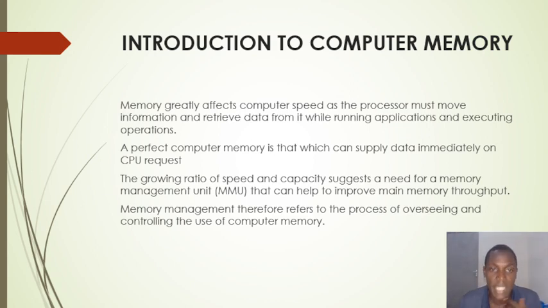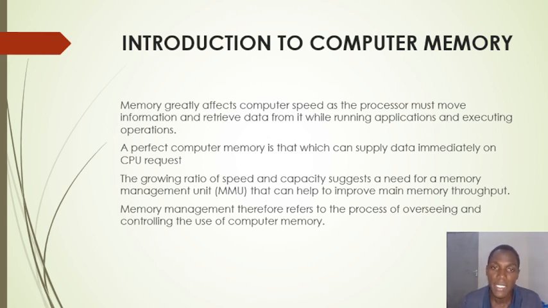So as it is carrying out these operations, we are seeing it accessing the what? The memory. The moment the computer is carrying out a certain process, it has to access the memory for some data or to store some information. So they are saying that a perfect computer memory is that which can supply data immediately on CPU request.